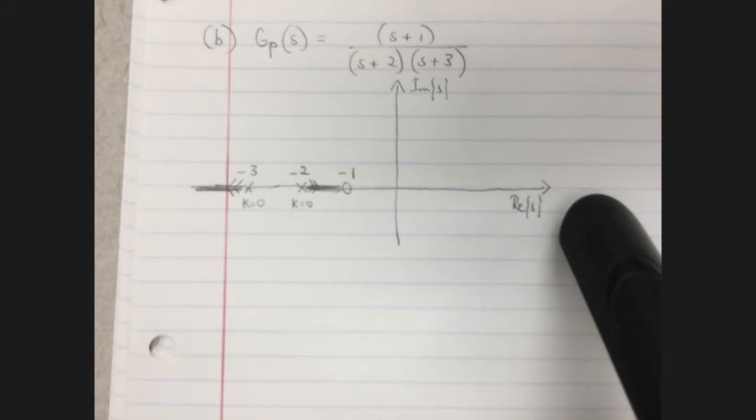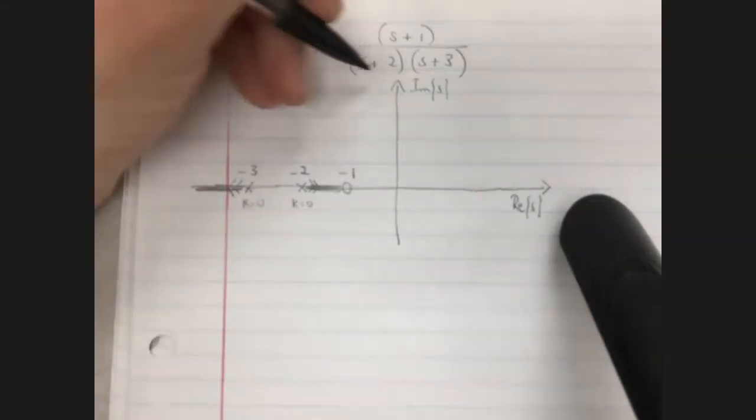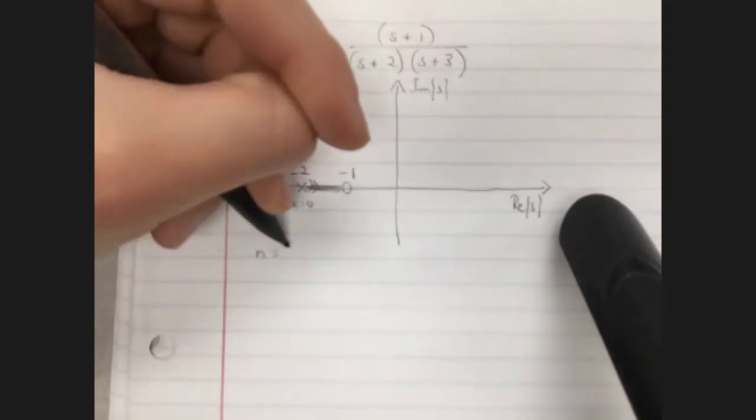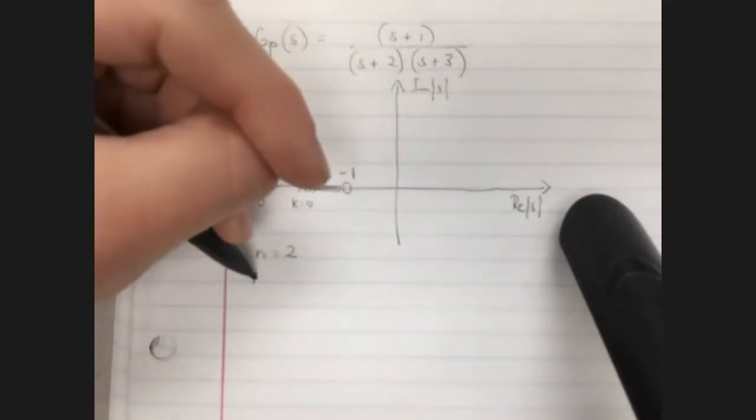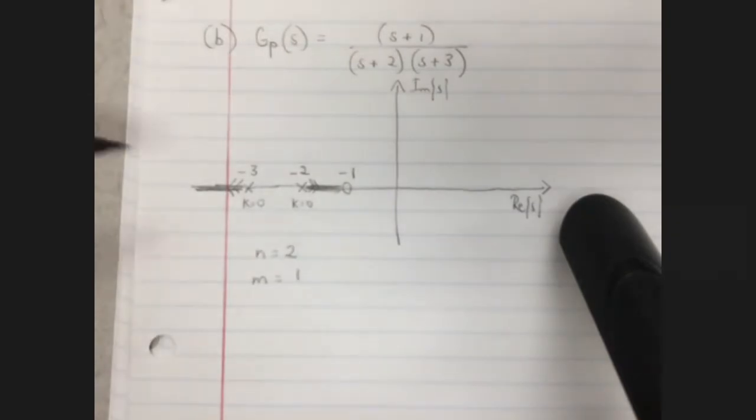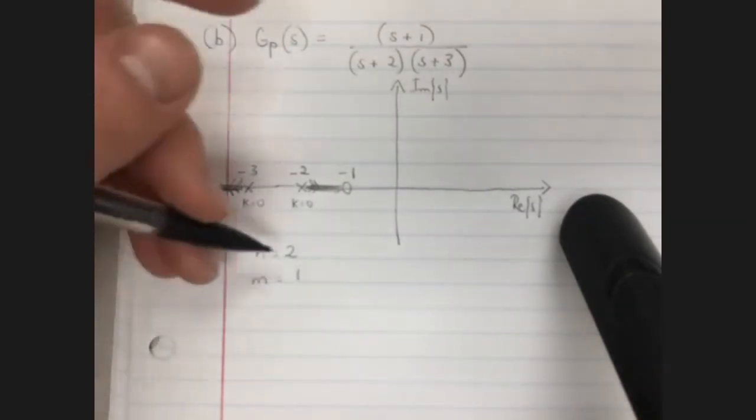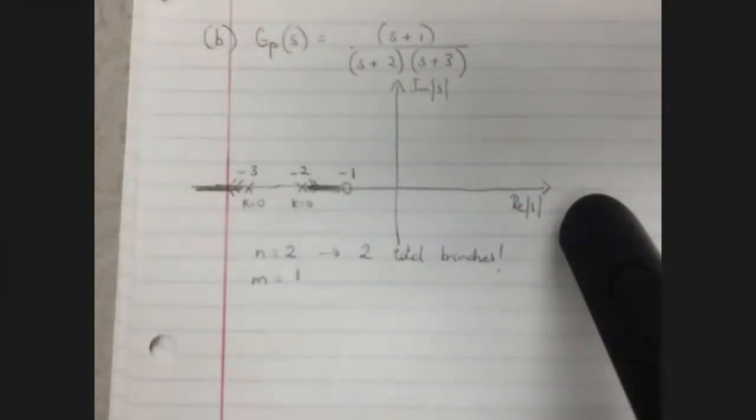And next up, we determine the branches and asymptotes. So here we know that n is equal to 2 poles, m is equal to 1. So from here, because n is equal to 2, we're going to have 2 total branches. Two total branches.